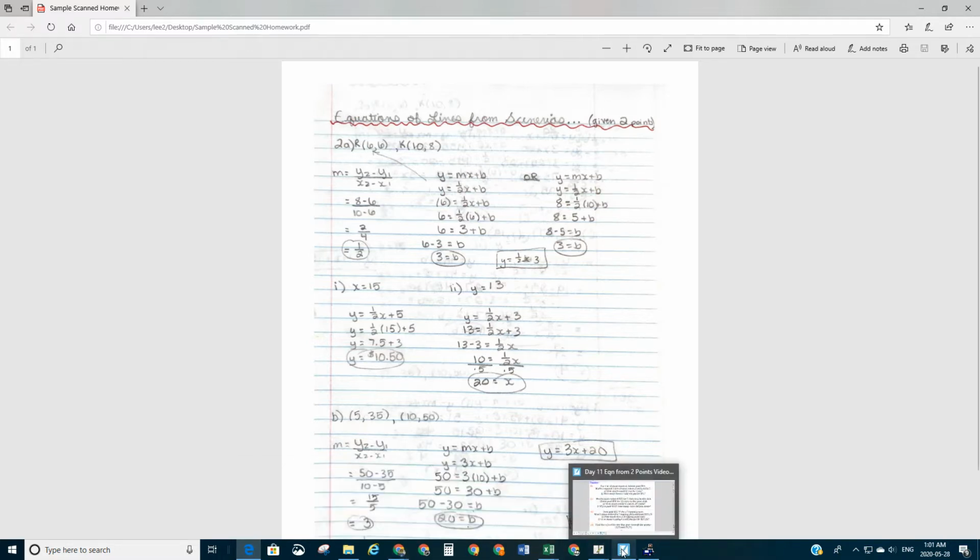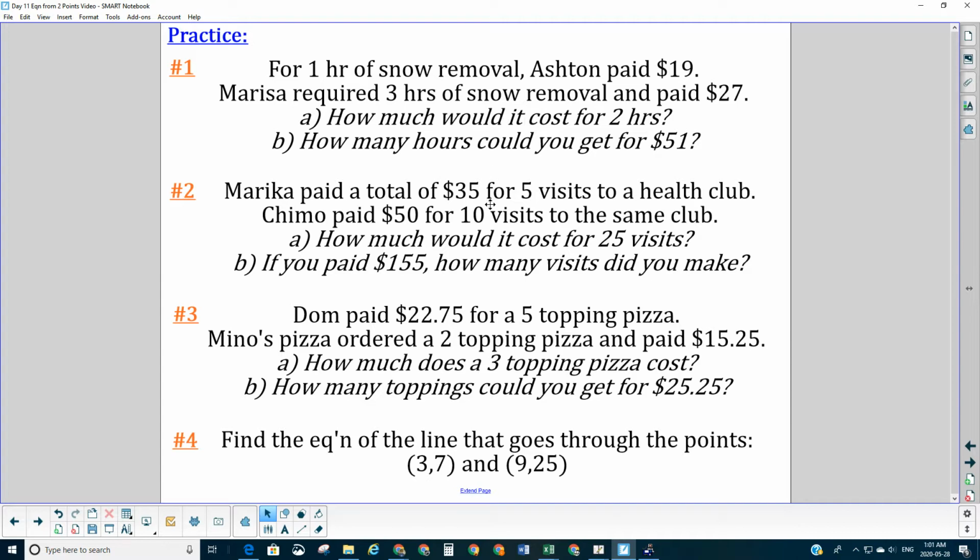One last thing about our questions. These first three are just different scenarios. The last one starts to go away from real life and into analytic geometry, which is the discipline of mathematics that we're doing, actual linear functions. But this question is answered exactly the same, except I give you the coordinates right now.